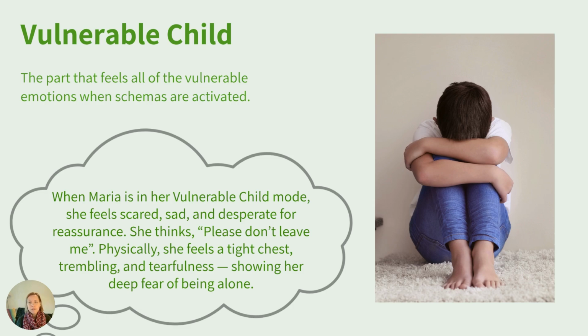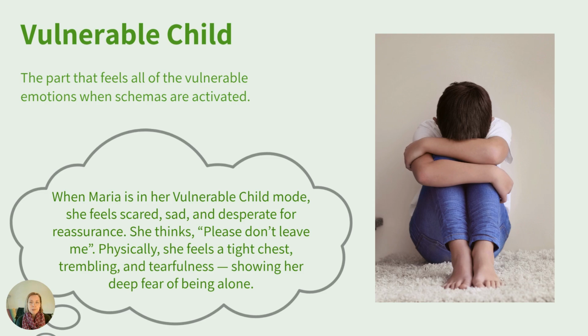This is the mode that feels the emotions when needs aren't met, when emotional needs aren't met. That brings about an emotional response. And in schema therapy, we try to meet those emotional needs and teach our clients to meet their own emotional needs. So we're helping them to look after their vulnerable child and find ways of getting their needs met.